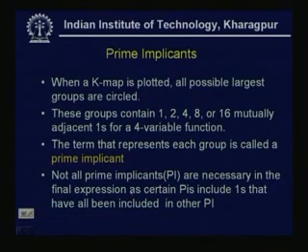Now, there exist some ones which are included in a couple, and the same one may be included in a quad. So, then what will happen is that the contribution of one is actually twice, it is in one quad and it is in one couple also. So, the third point is that not all prime implicants are necessary. Now, we will see the method so that it can be reduced further.